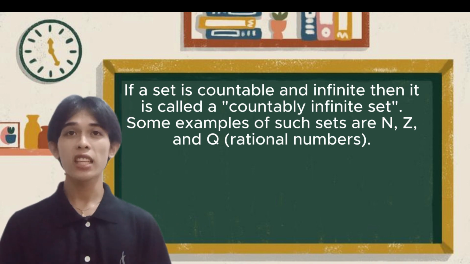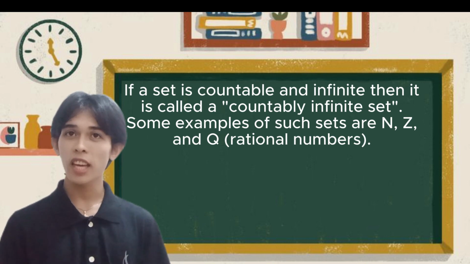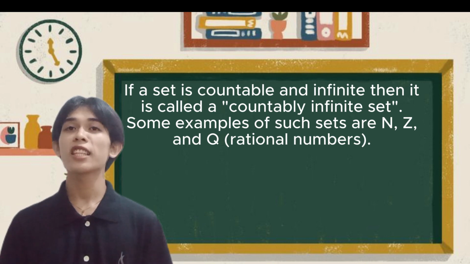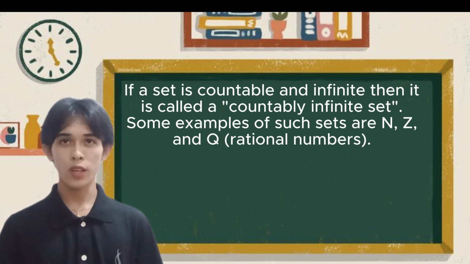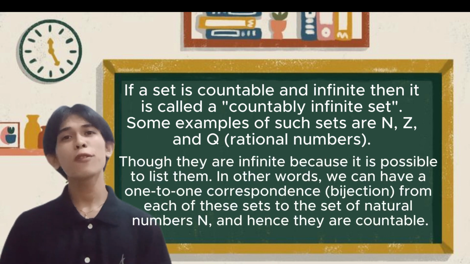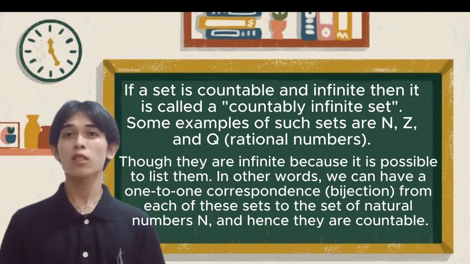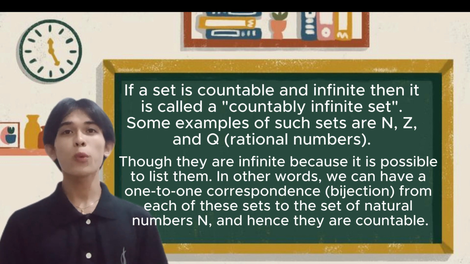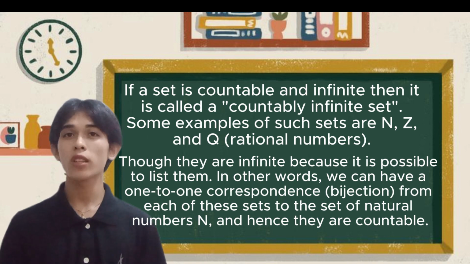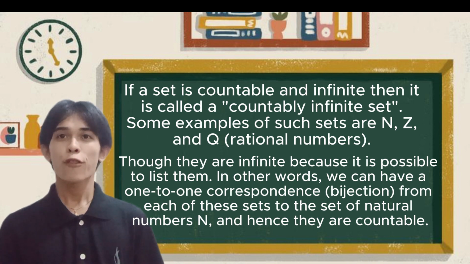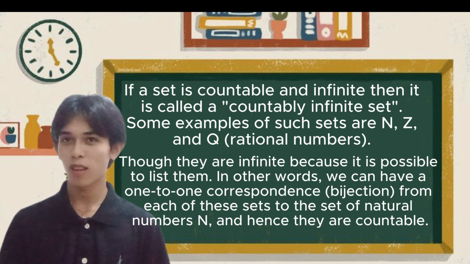On the other hand, if it is an infinite countable set, then its cardinality is equal to the cardinality of the set of natural numbers. Though they're infinite, it is possible to list them. In other words, we can have a one-to-one correspondence or bijection from each of these sets to the set of natural numbers N, and hence they are countable.